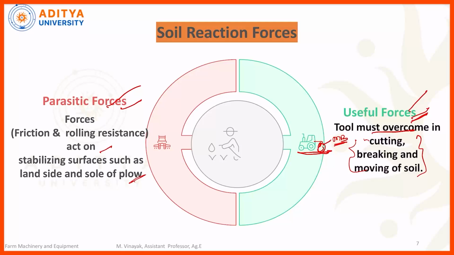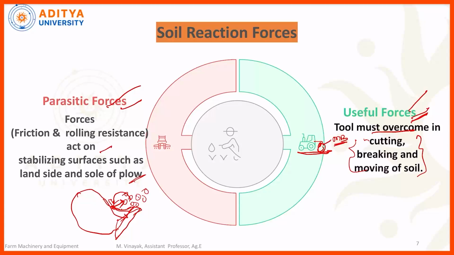Suppose I am taking this moldboard plough, this is a rough sketch of a moldboard plough. During the process of ploughing, the soil particles will interact with this metal surface.